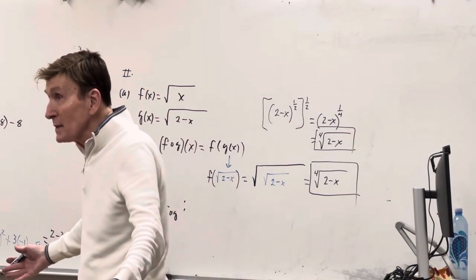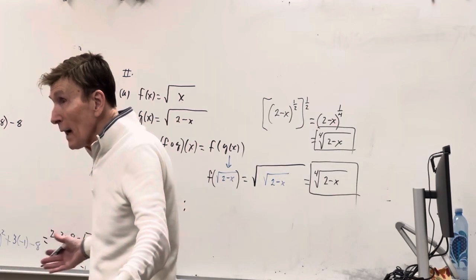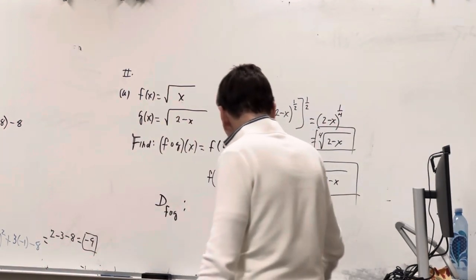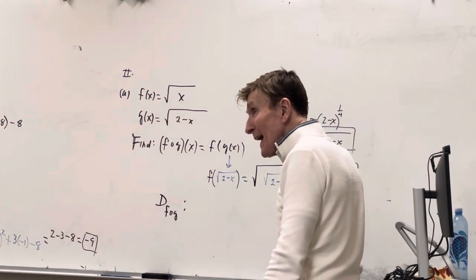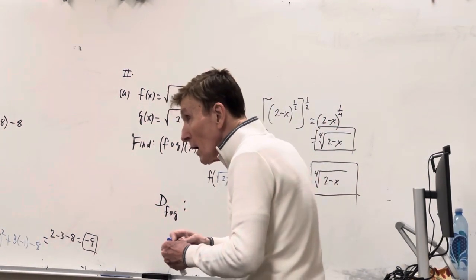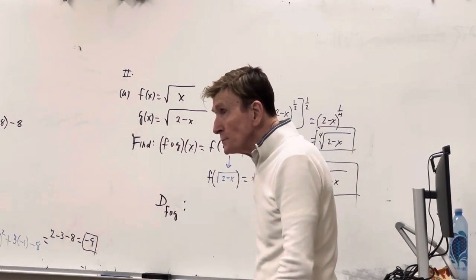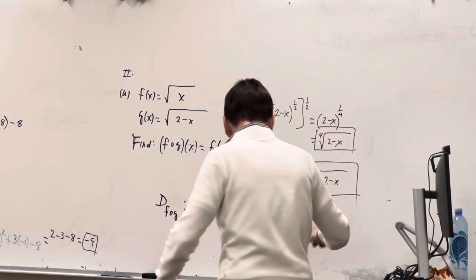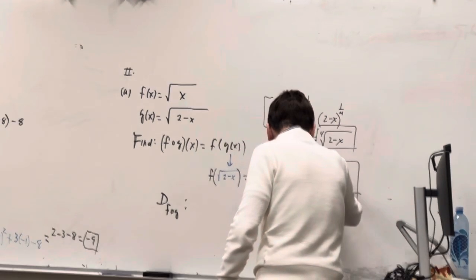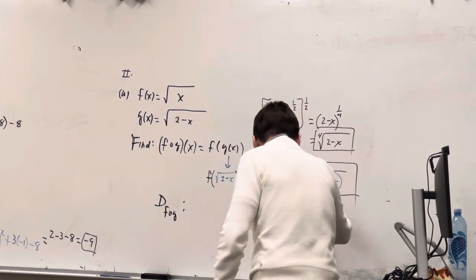Now you have some domains on the exam tonight. So how would you find the domain of this answer with the fourth root of 2 subtract x? You guys who were with me at 11:30 should know what I'm talking about here. There's 2 subtract x underneath here. It must be what for that fourth root, square root, sixth root to make sense? More or equal. There you go.